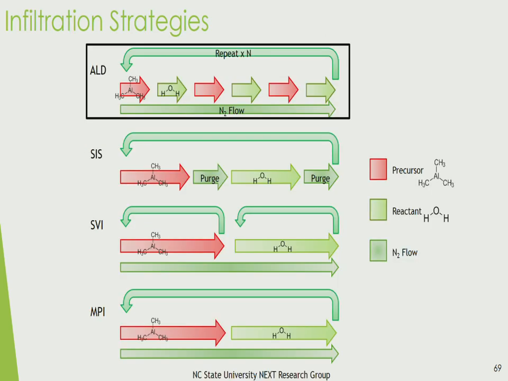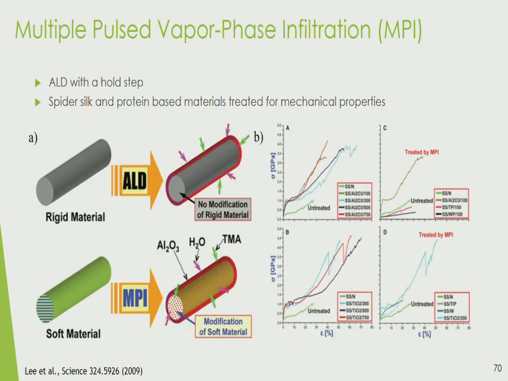So these are three processes that have been designed based on atomic layer deposition, in which you have different sequences of precursor exposure, followed by a purge step, followed by your reactant gases. We'll show each one of these individually.